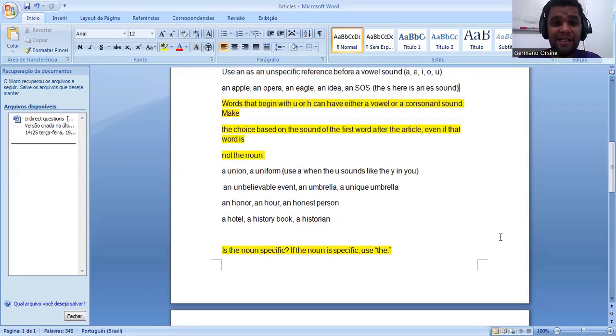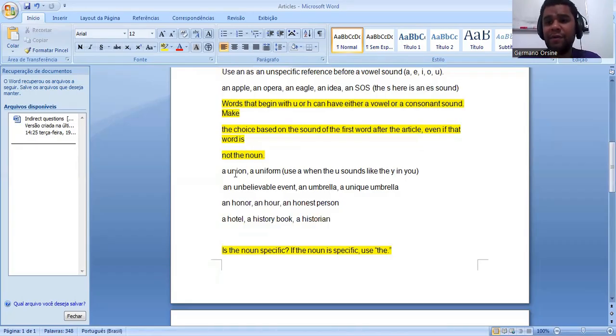Let's take a look at some further information on how to use a or an, the difference between consonant sound and vowel sound. Words that begin with U or H can have either a vowel or a consonant sound, as I said before. Make the choice based on the sound of the first word after the article, even if that word is not the noun.